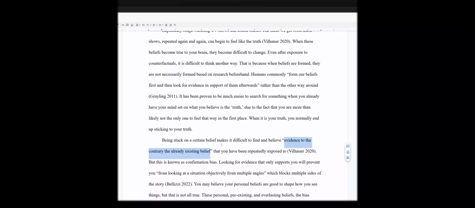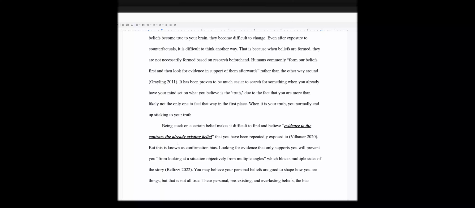Because this says, being stuck on a certain belief makes it difficult to find and believe evidence to the contrary the already existing belief. Contrary of the already existing belief, contrary to the already existing belief, maybe. But I'm not sure what that quote is, so I can't fix it. So what I would do, I'm just going to bold, italicize, underline this for the author when I send it back to fix this section right here.